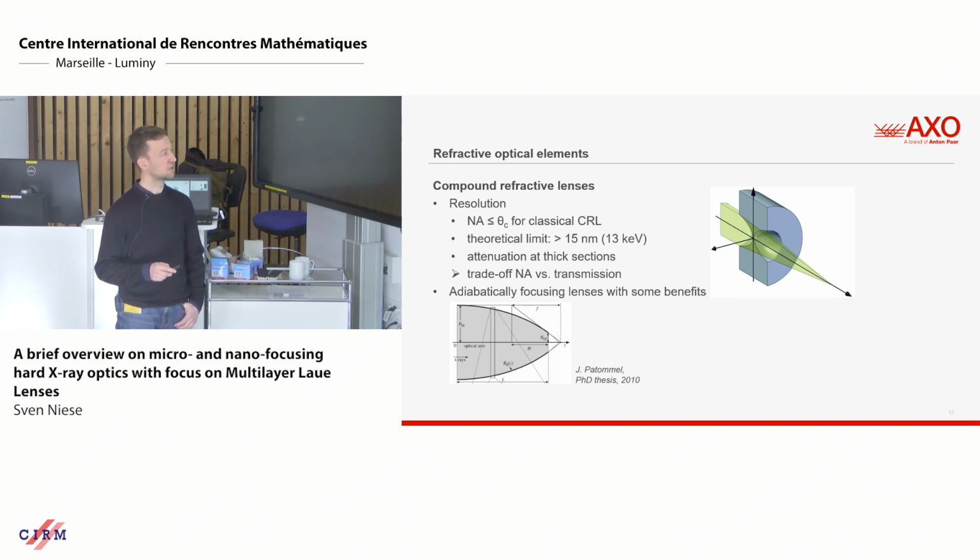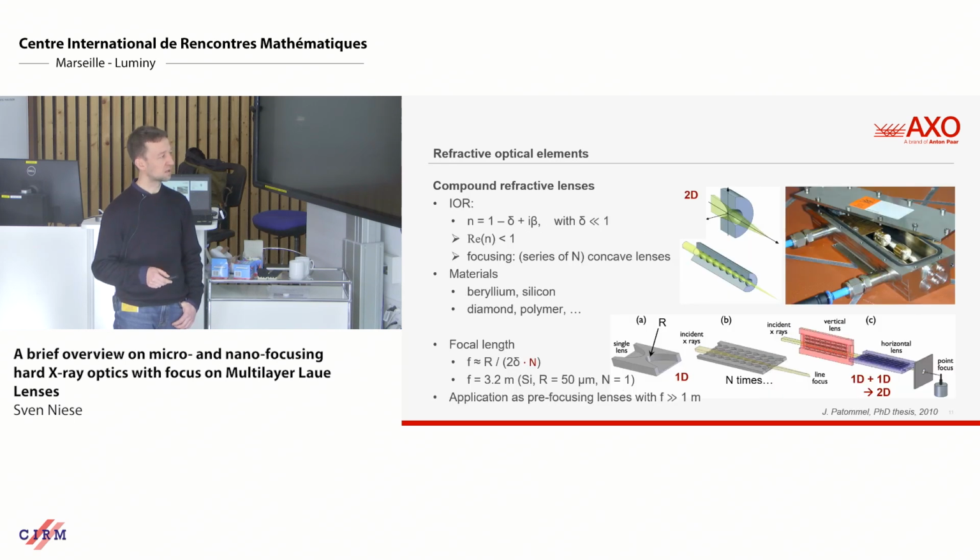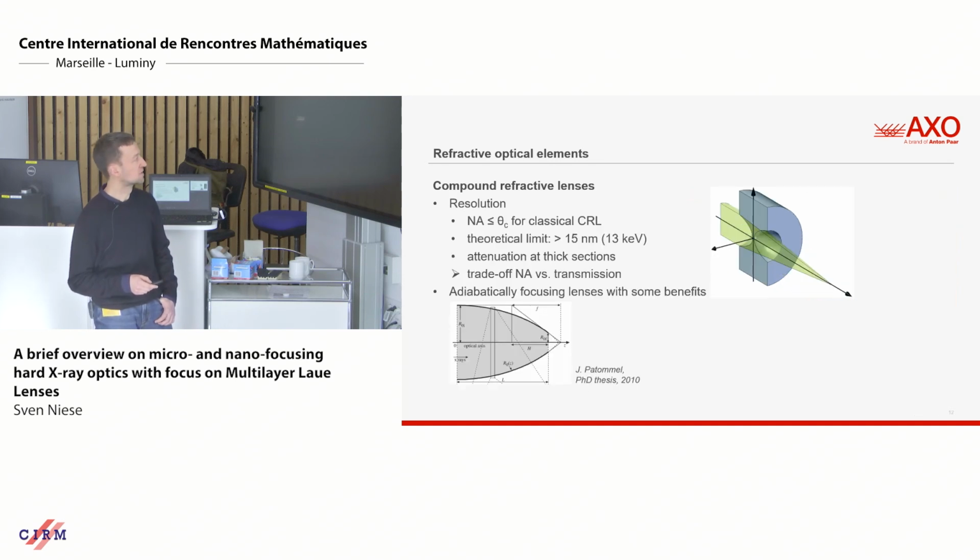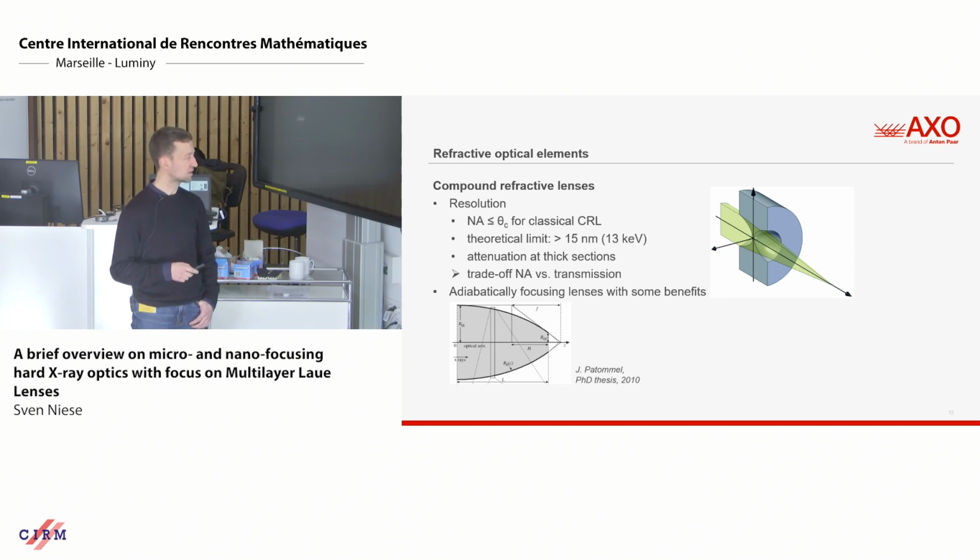Of course, since those lenses are significantly long in beam direction, probably several millimeters, you have to consider the attenuation as well, which leads to a trade-off between the numerical aperture, the transmission, and the focus size.